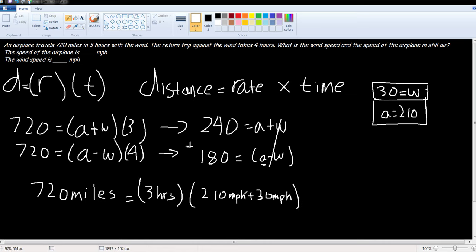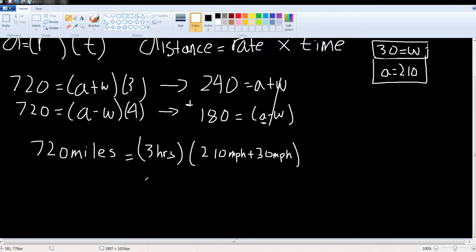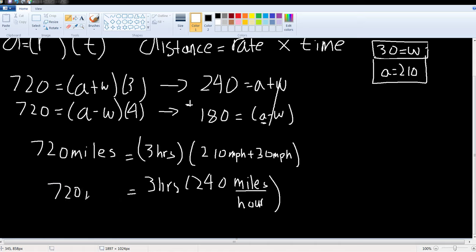You have to remember that 210 is the airplane's speed, and 30 is the wind. So we have 3 hours, 240 miles per hour, is equal to 720 miles. Put a question mark, because we're checking.